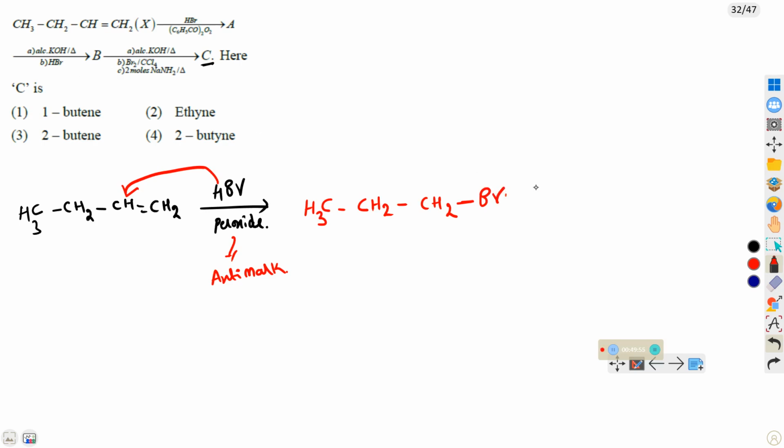Next, use alcoholic KOH. Dehydrohalogenation takes place. Then it gives CH3CH double bond CH2, after removing hydrogen. After that, add HBr in the absence of peroxide.